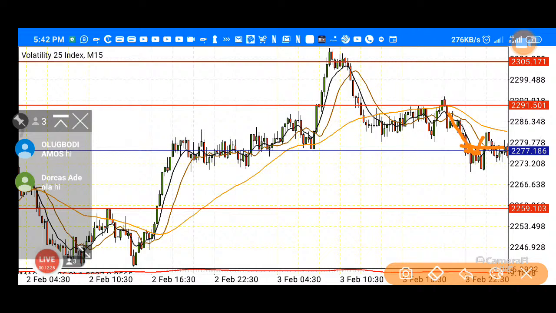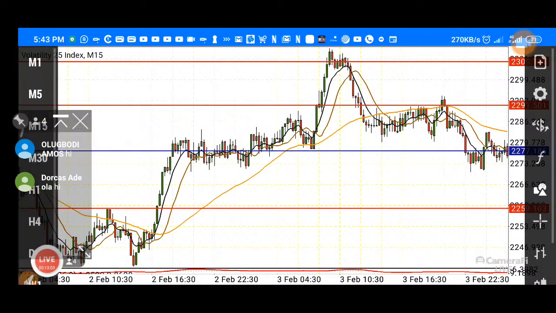But since it is not bouncing, you can see it broke the level immediately. Since it has broken it, you would have waited for a retest or entered for a sell immediately. So let's see.